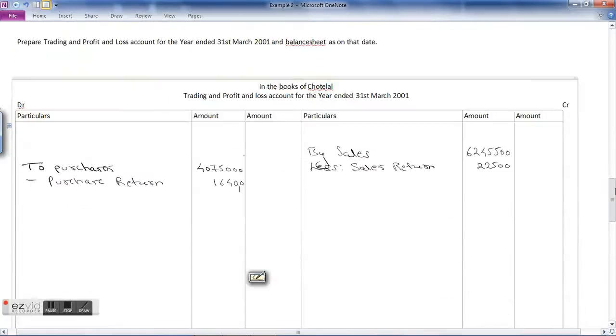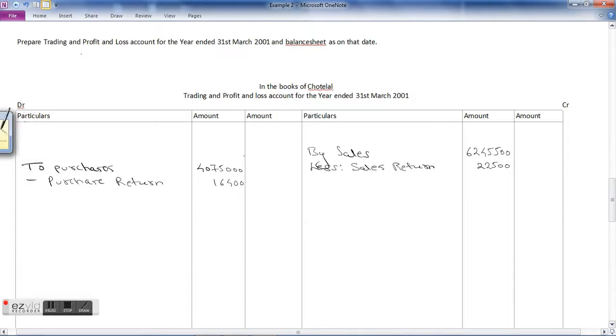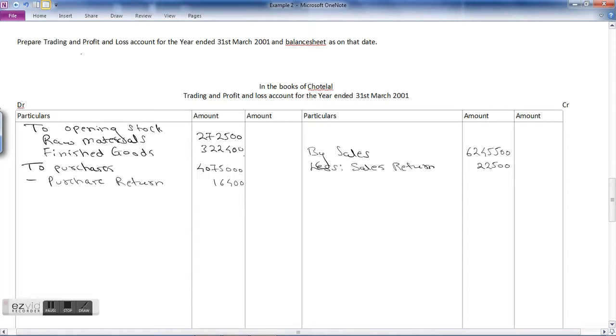So on trading account debit side, to opening stock, raw materials 2,72,500 and finished goods 3,22,400.